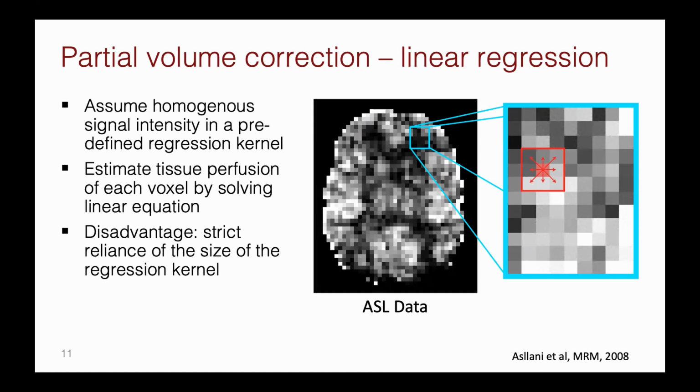And then we can solve a set of linear equations to determine the gray matter perfusion in each voxel iteratively. However, the disadvantage of this technique was the strict reliance on the size of the regression kernel, which could cause errors if the tissue perfusion within the regression kernel had substantial differences.